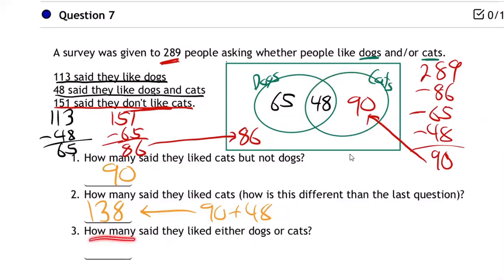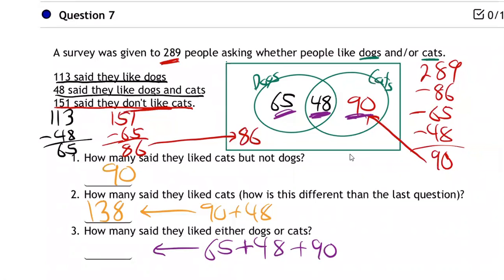Final question. How many said they liked either dogs or cats? Either dogs or cats. So we're just going to add up all three of those, aren't we? 65 plus 48 plus 90. See, these questions aren't hard once you have a good Venn diagram.